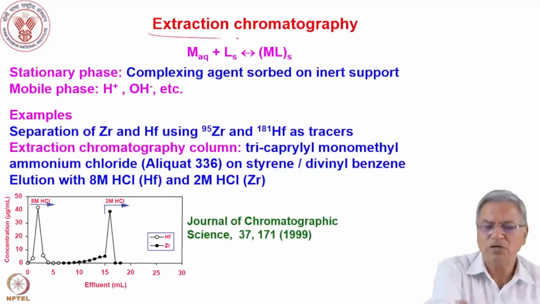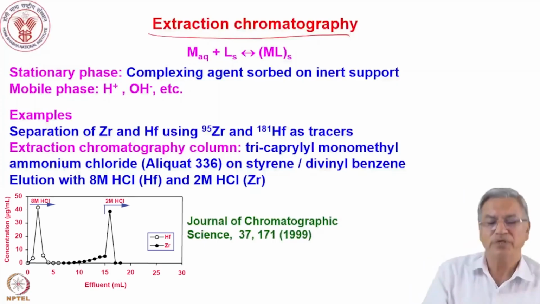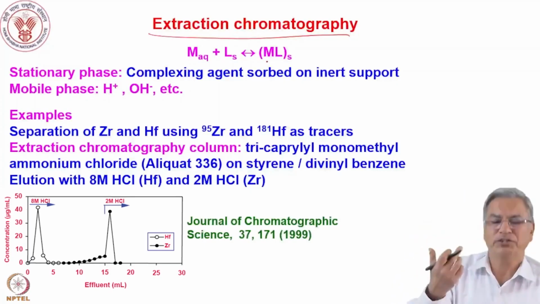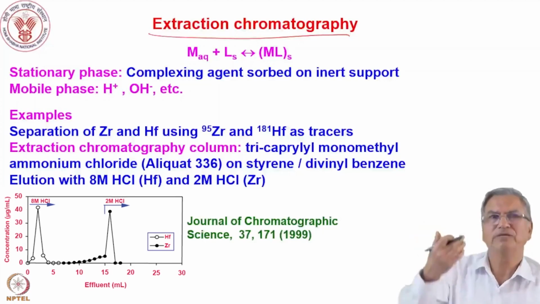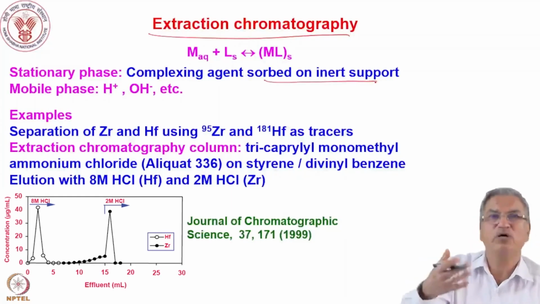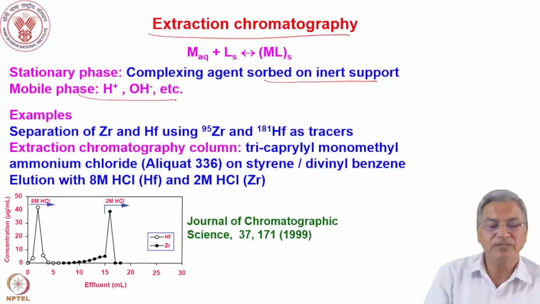Another method, similar to ion exchange resin, is extraction chromatography. Here the ligand is actually on the solid surface. You have a solid stationary phase, with some ligand adsorbed onto an inert support that forms the column, and the mobile phase will contain the metal ions in the presence of H plus, OH minus, and so on.